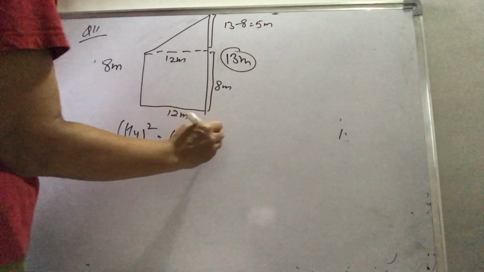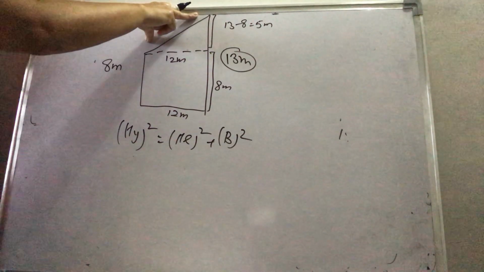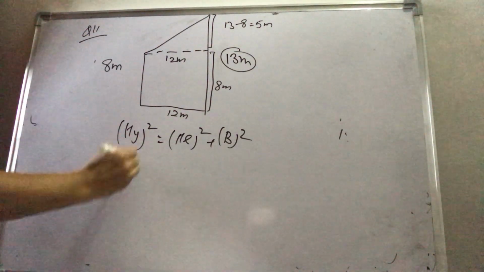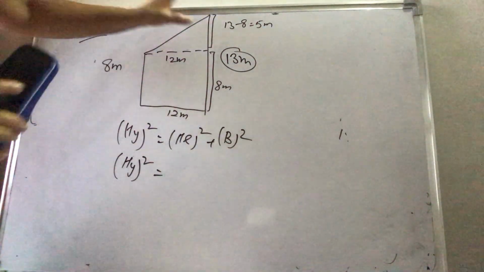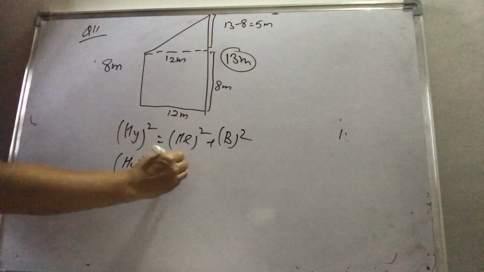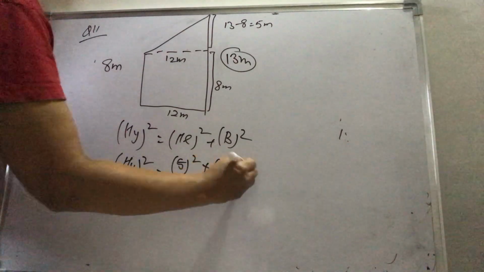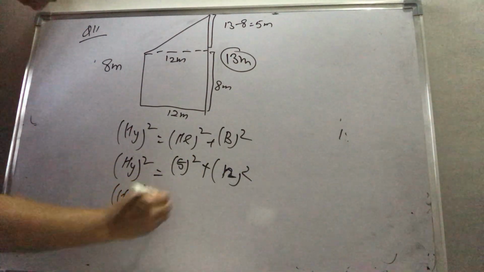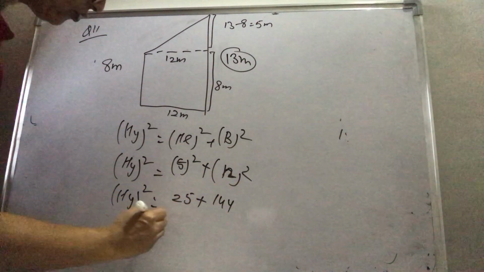hypotenuse square is base square plus height square. Hypotenuse is this much, that is the distance between their tops. That we have to find out, so it will remain same. The height is only this height, because this is a right angle triangle. That is 5 meter and the base is 12 meter. So hypotenuse square is 5 square is 25, 12 square is 144.